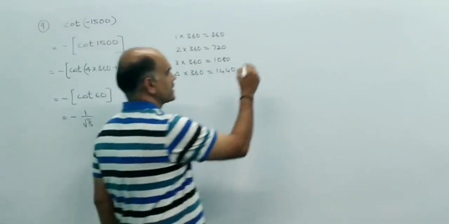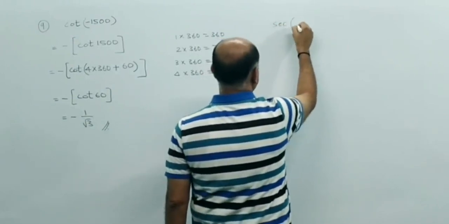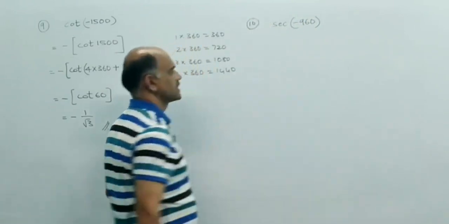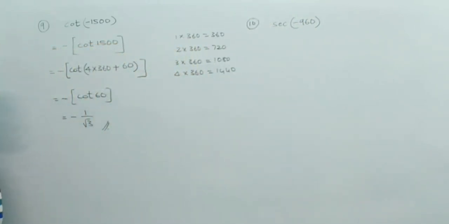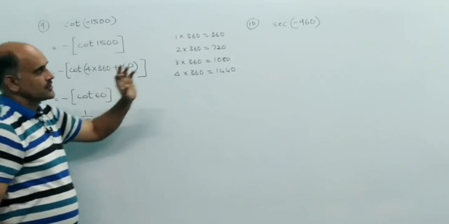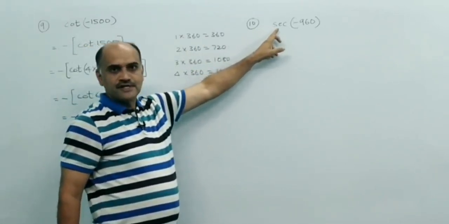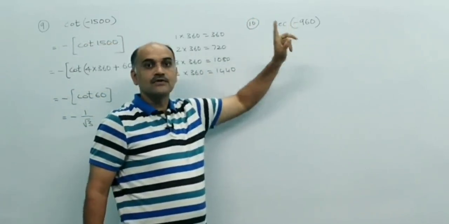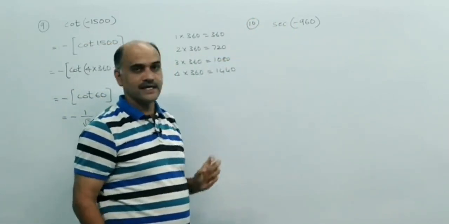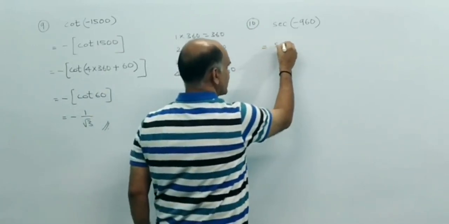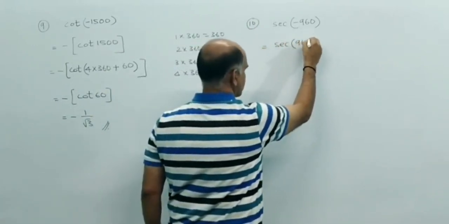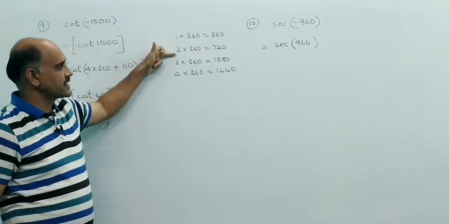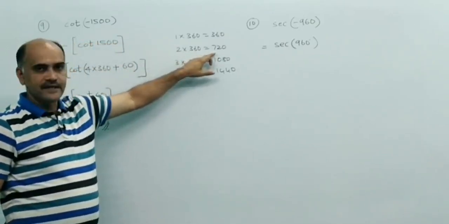Similarly, you can try secant of minus 960. Now again if you check, I have given secant. If cos and secant are there, this minus sign will go. So you leave that minus sign, and it will be equal to secant 960. Now check, 960 is greater than 720.